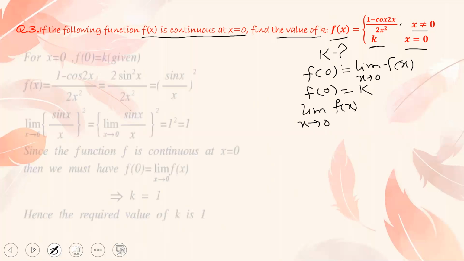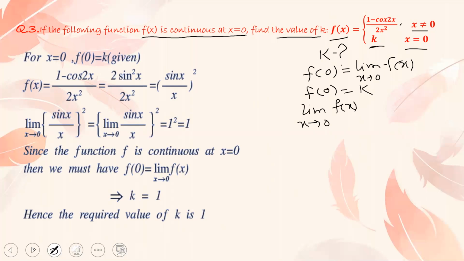Here the function is given as (1 minus cos 2x) by 2x square. So the limit as x tends to 0 of (1 minus cos 2x) by 2x square. Now, here I don't need to define the left hand limit and the right hand limit, since over all the real numbers the function is this, and only at x equals 0 the function is k.